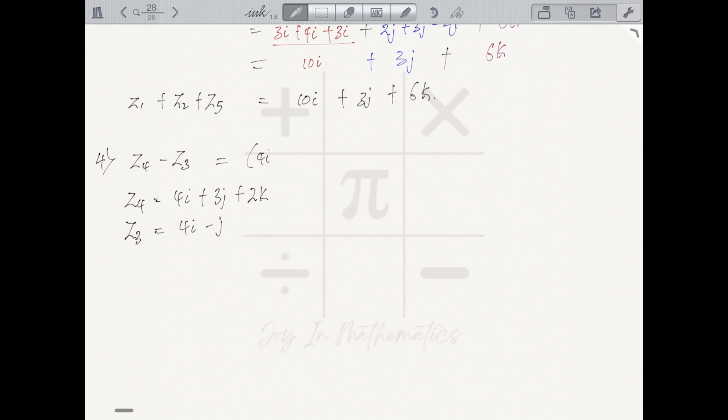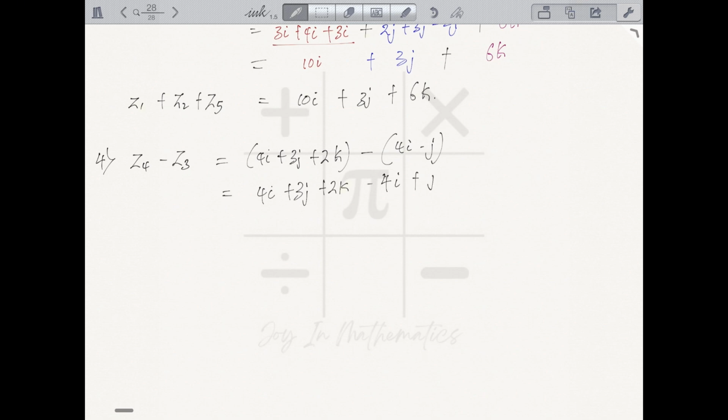Our z4 now is 4i plus 3j plus 2k minus z3, which is 4i minus j. So let's open up the bracket with the negative sign: 4i plus 3j plus 2k, and this will result in minus 4i plus j. The next thing to do now is to collect like terms.